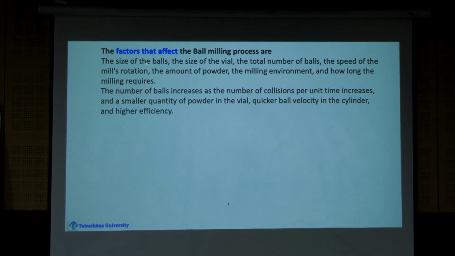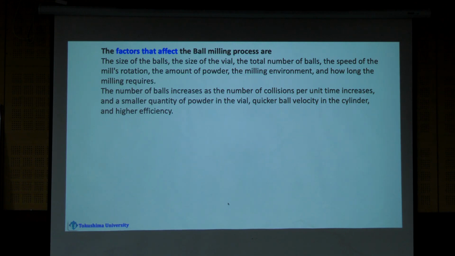So what kind of size do we use? Then the total number of balls: how many balls are you using? The probability of hitting increases if you are using more balls. Then speed, rotation, RPM: at what speed is the vial, the chamber, moving, what is the RPM.